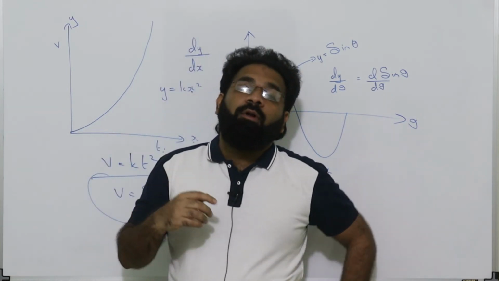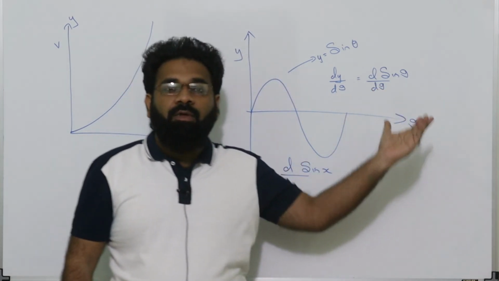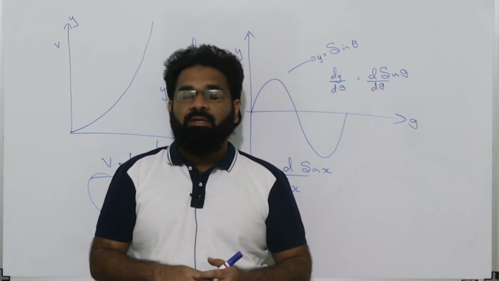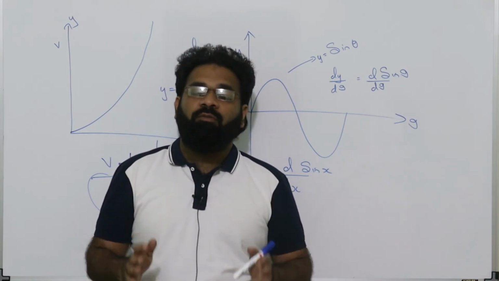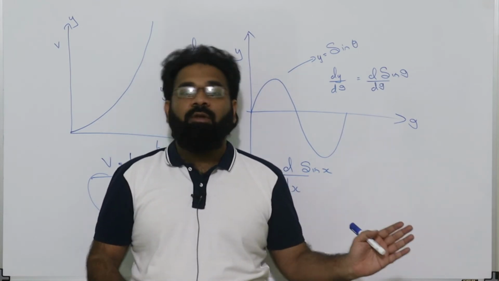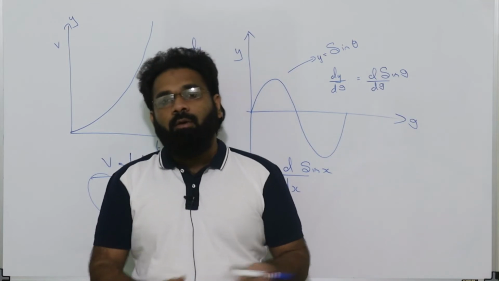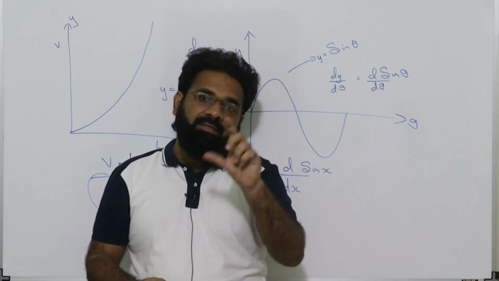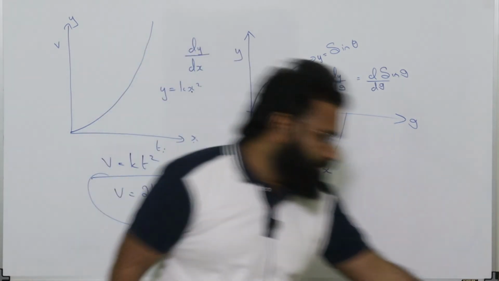So for things where the slopes are not constant, we have specific formulas for different functions: sine function, exponential function, logarithmic function, algebraic and polynomial functions. For all these we have formulas for writing the slope, or when you differentiate something, we will get an answer. So I am going to that.